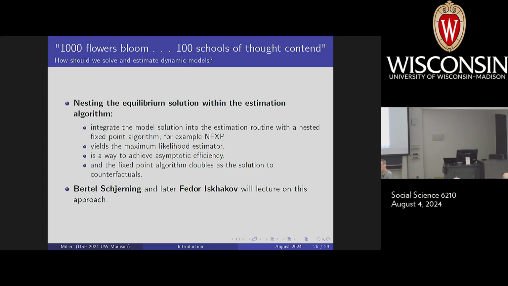And for sure, given the model's identified, point identified, that will give you asymptotic efficiency. Let's be clear, maximum likelihood doesn't prove identification, but given that it is identified, it'll give you asymptotic efficiency. And not only that, the fixed point algorithm that you've got to in the estimation doubles as moving forward with the counterfactuals.